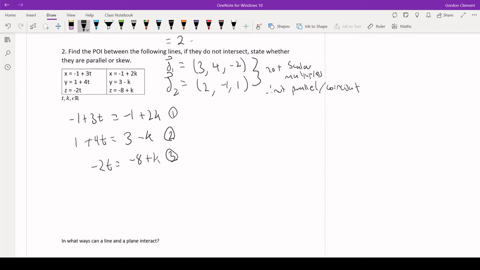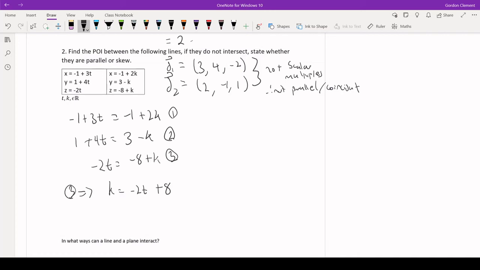So I'm going to pick one of these equations that's easy to solve for a letter. And I don't know, number 3 looks pretty good to get k by itself. So number 3 implies that k is going to be -2t plus 8 when I rearrange that equation. And then I'm going to choose to sub it into one of the other equations.